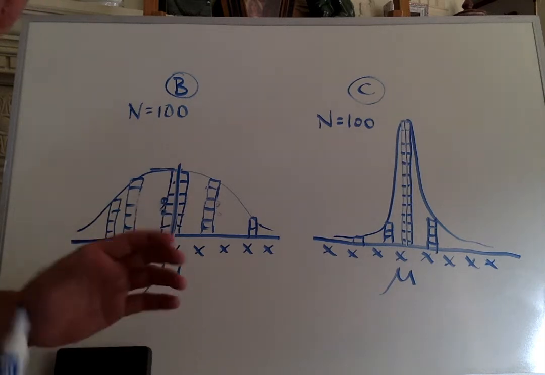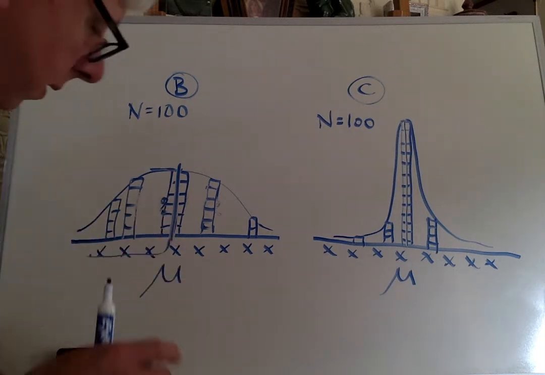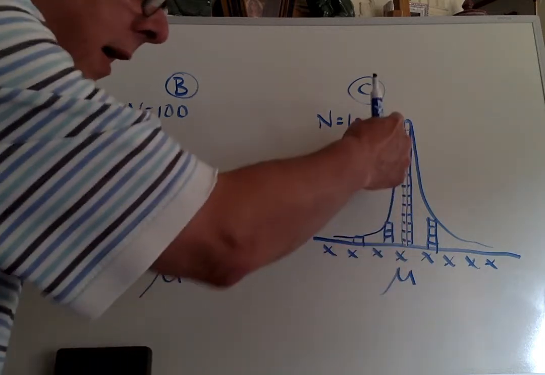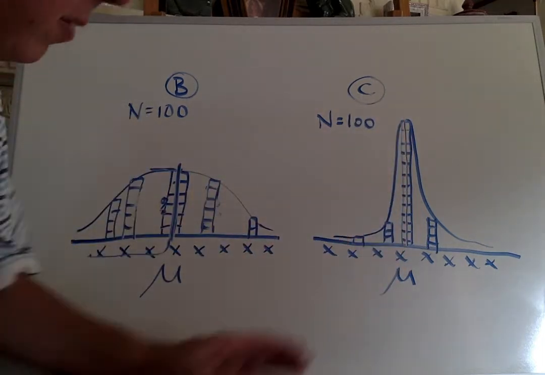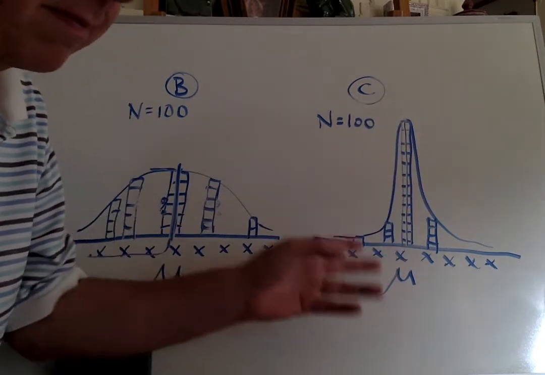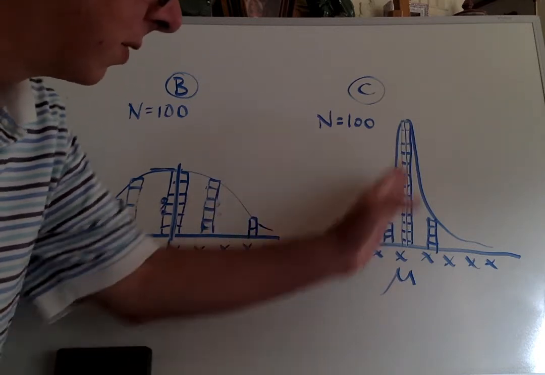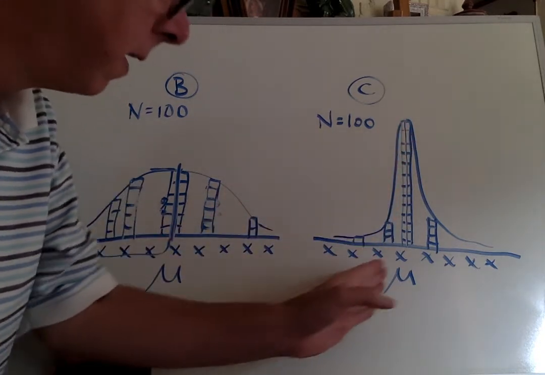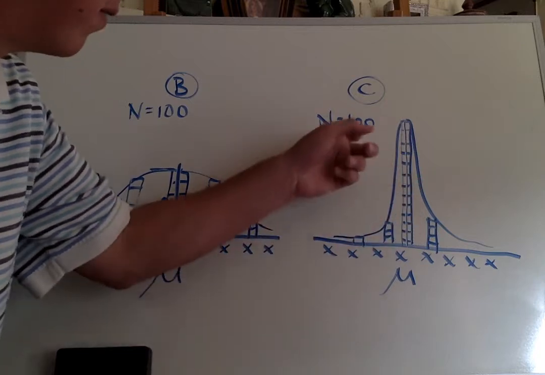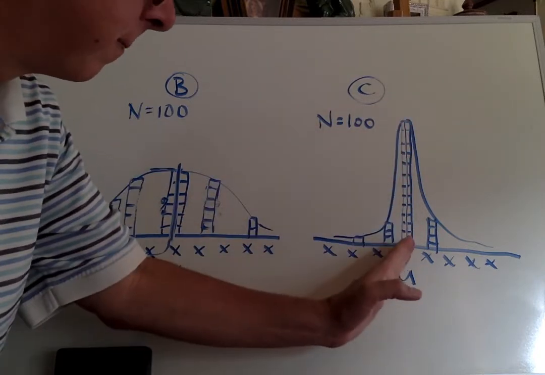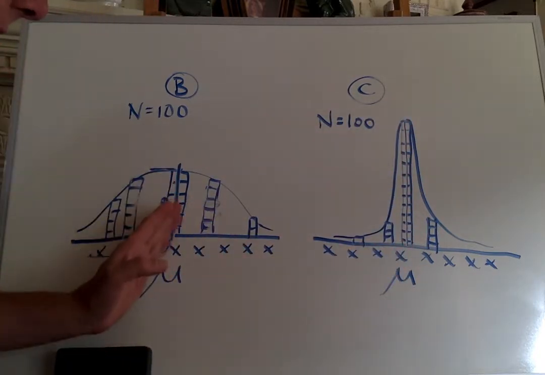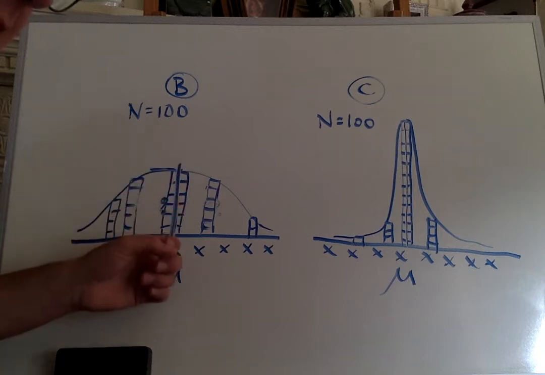Okay? Now, in both situations, the mean and the mode are at the same spot. But in a way, for lack of a better term, this one is modier, right? There's more people out of the 100 here than here. There's still quite a few people here, but not as much.